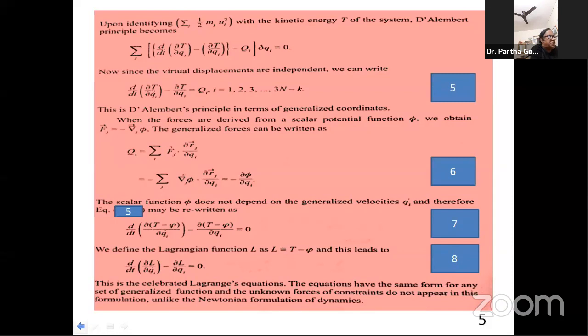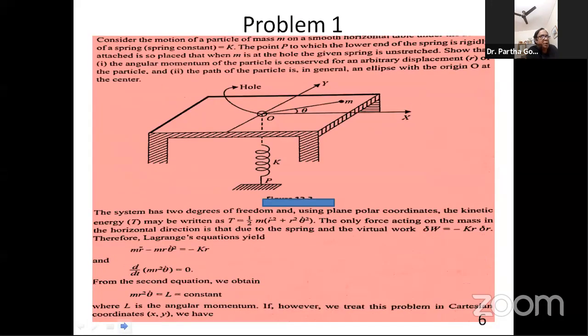Since the q's here are the generalized coordinates, coming back to slide number 6, please come back to slide number 6. We have two generalized coordinates, r and theta.